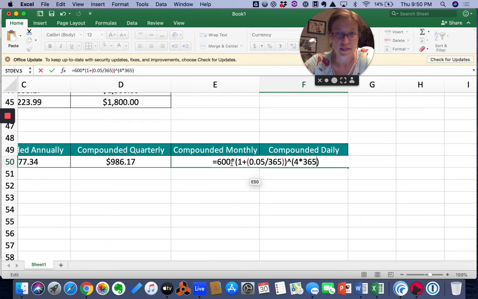So 600, my p, times 1 plus, here's that fraction, the r over the n. All the parentheses are closed, and then it's to the exponent of, oops, I changed the wrong number, 10 years times n, 365.